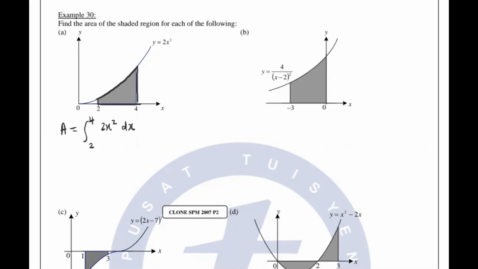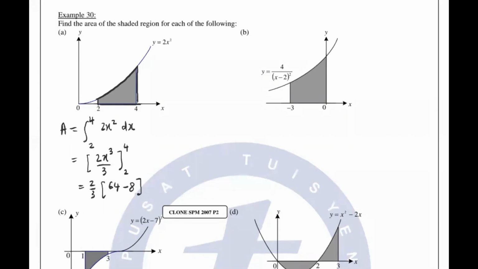Okay, so when you integrate, we copy 2, you copy x, increase the power by 1, 3, divide by 3, lower limit 2, upper limit 4. Now I need to substitute inside. When you put 4 inside your x, 4 power 3 is 64, right? And then I put 2 inside, 2 power 3 is 8.